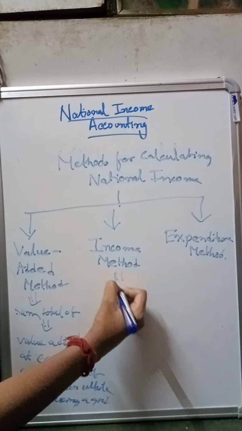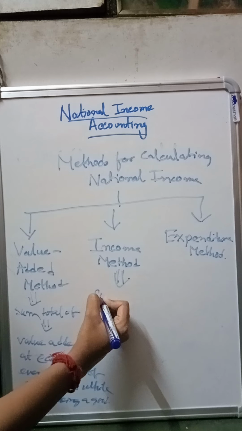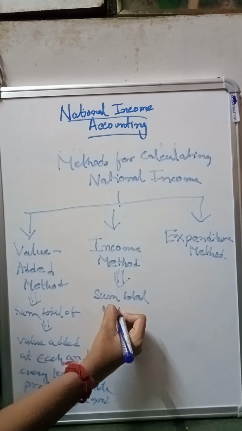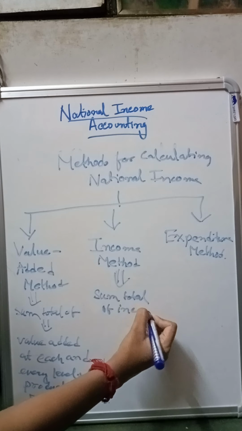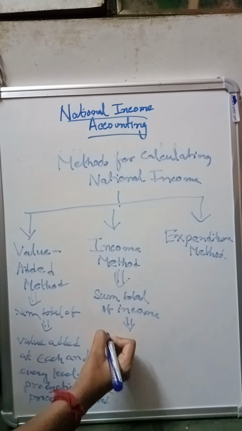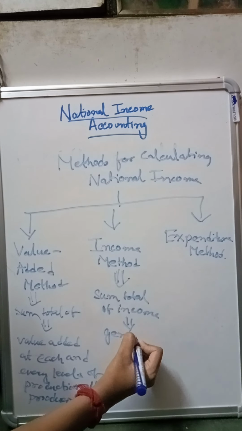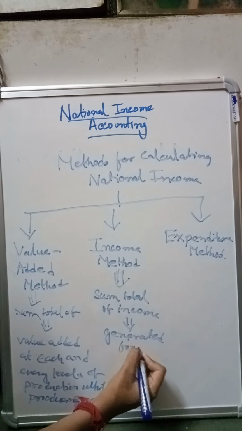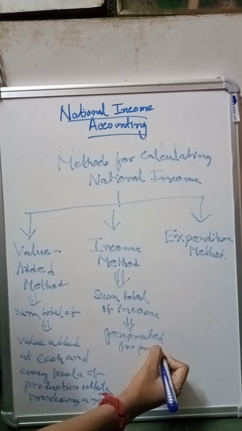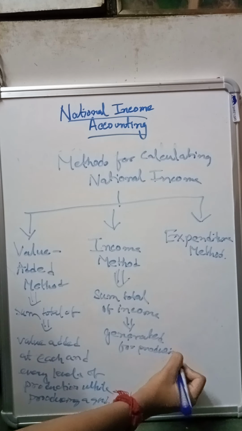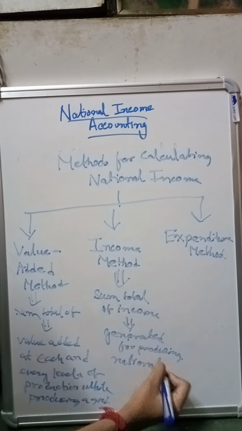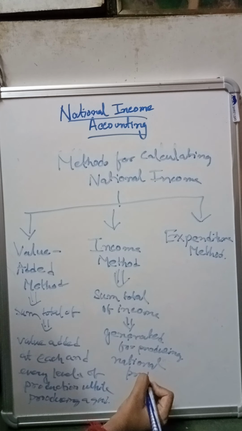The income method is the sum total of income that is generated for producing the national product, that is, different goods and services.